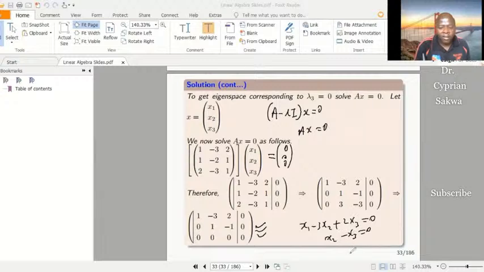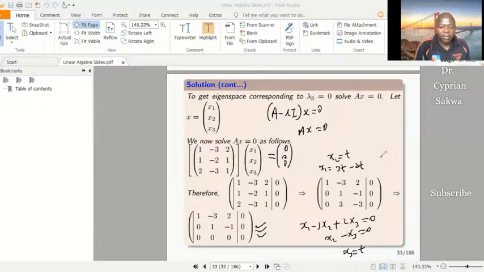Let x3 be t. And if x3 is t, go to the other side, then x2 will also be t. And I can see what x1 would be. x1 would be 3t minus 2t, because it's 3x2 minus 2x3 when we take it to the other side.